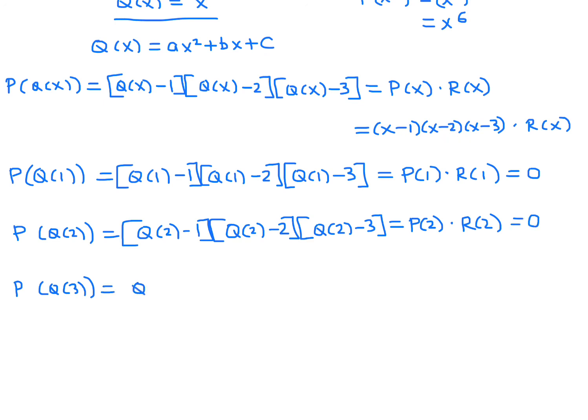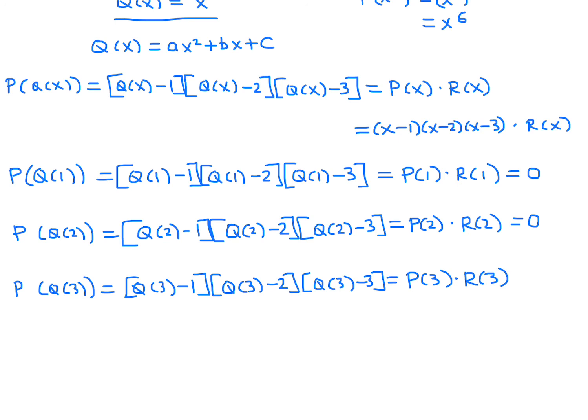And in a very similar way, we'll do (Q(3) - 1)(Q(3) - 2)(Q(3) - 3), like that. So this is P(3) times R(3), and that is equal to 0 again. All right?